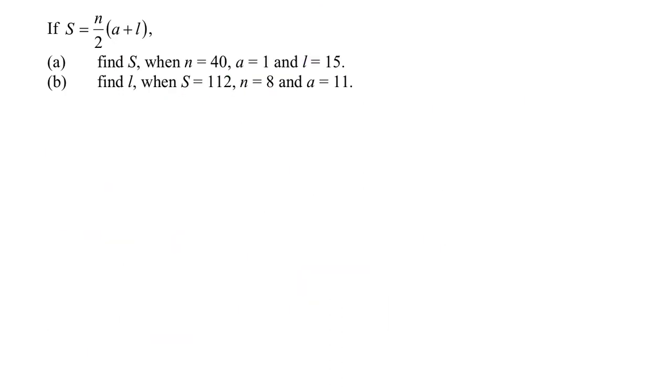Hello everyone, welcome to this video where we are required to find the S given this formula. Of course, step 1 is to substitute. So I already got my S. It is going to be equals to my N is 40 divide by 2, and this will times my A. A will be 1 plus L. So my L is 15.